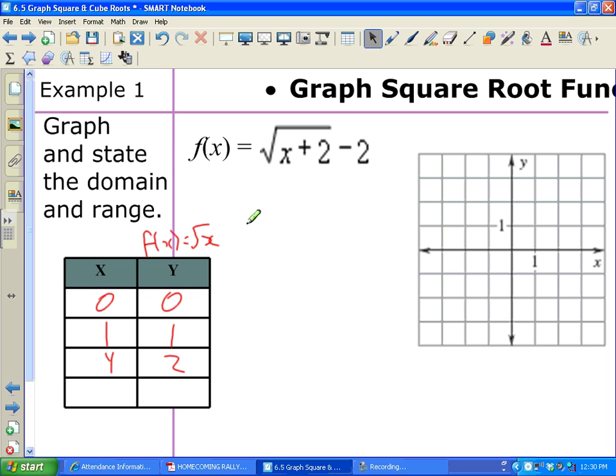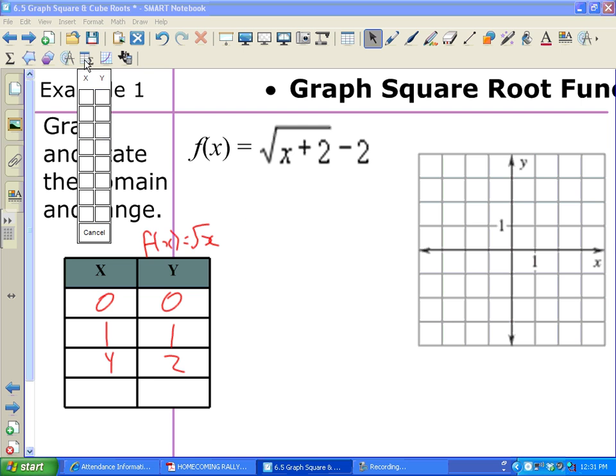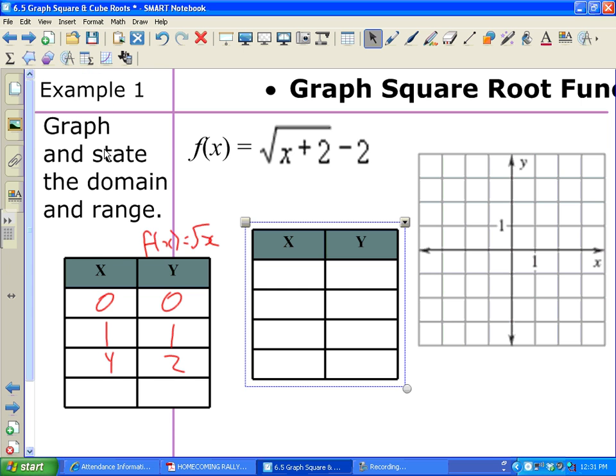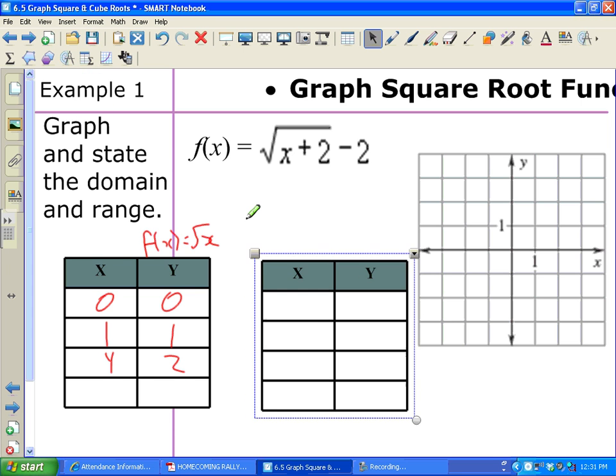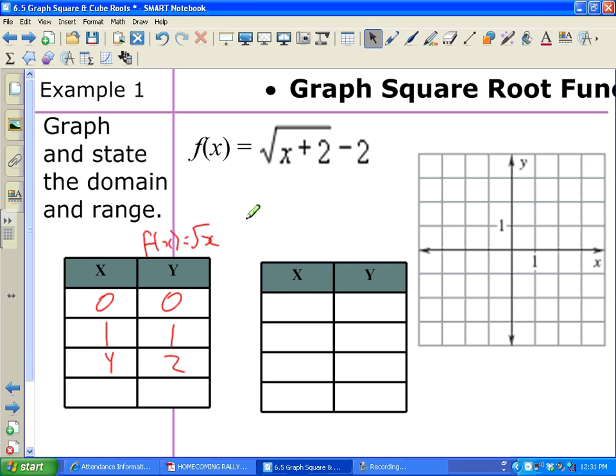Now here's the deal. We're talking about square root, so I take the parent function of square root. That's the easiest form of the function. From the parent function, I'm going to make what I'm going to call a child function. Some kids are a lot like their parents.